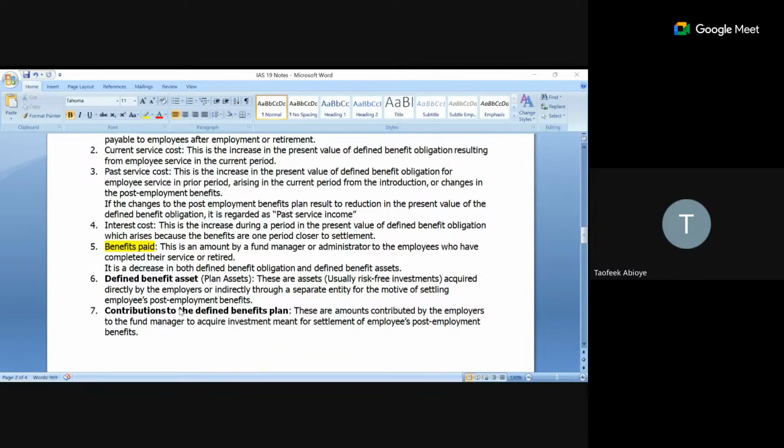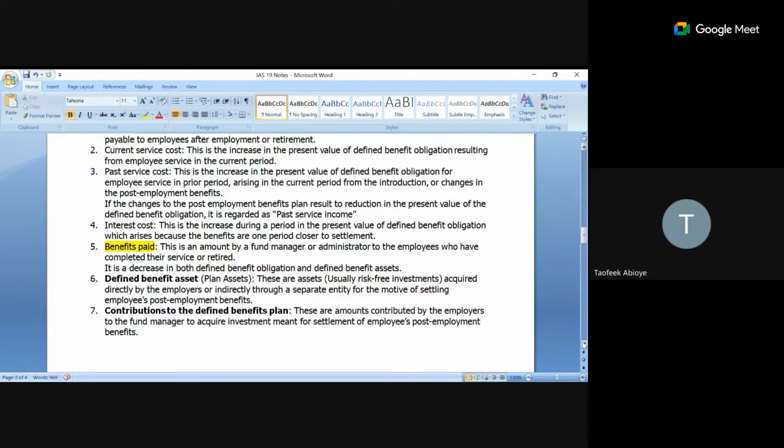The money you are contributing every month or every year is called contribution to the defined benefit plan. It will increase your defined benefit assets. Example: as of today, in our defined benefit assets, we have 100 million. If you contribute an additional 1 million, it will be 101 million. If you contribute an additional 5 million, it will be 106 million. So that contribution will increase our assets, and that's why I highlighted it.